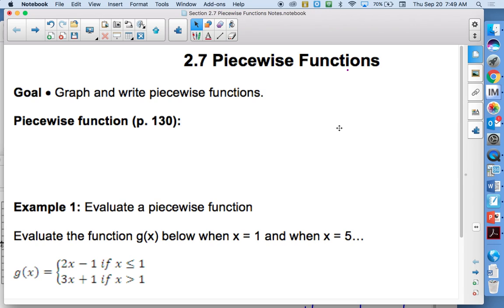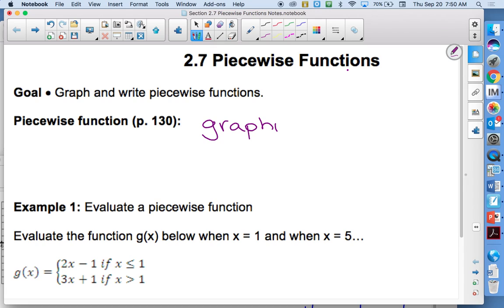So we're going to have multiple parts or pieces of functions that are going to be graphed on the same xy axis. So not just one equation, but we're going to have multiple equations. However, we're only taking a piece of those or a part of it to make sure that it's a function. So we will be graphing them or evaluating them.